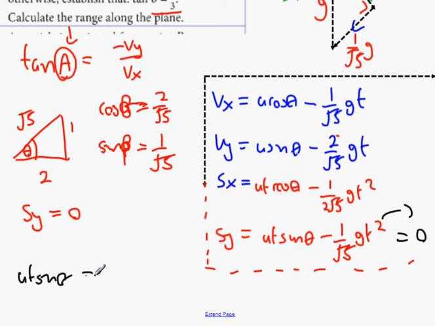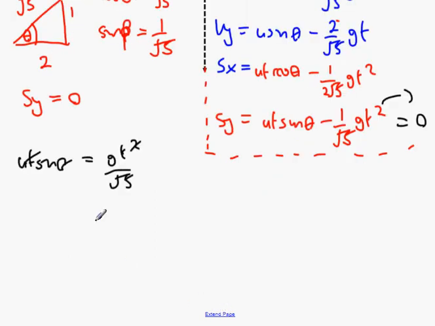Cancel the t, cancel the t. And then we're going to get t equals root 5 u sine theta all over g. Everybody happy with that? Now that's done. That should be the answer for the time. Let's see if it is.